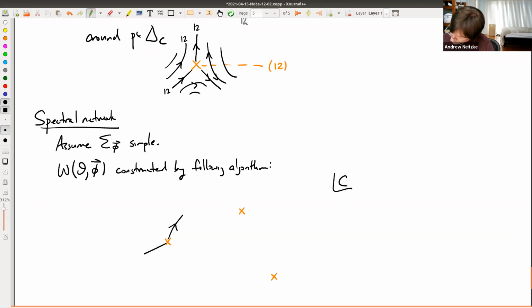So I'll take these three special leaves emanating from each branch point. Again, as in the case of the quadratic differential, I'll call those the critical leaves. Maybe let's mark them here.